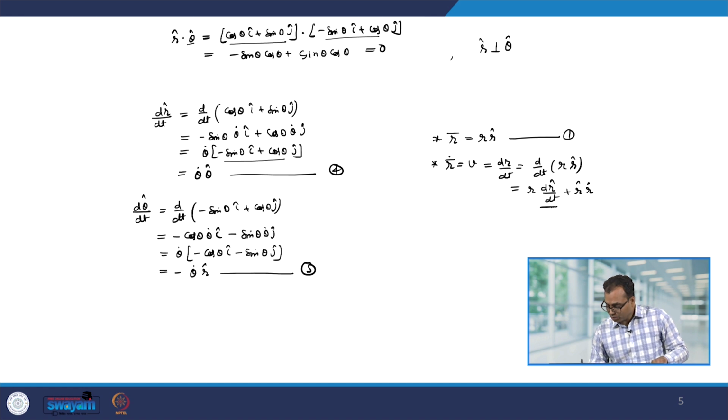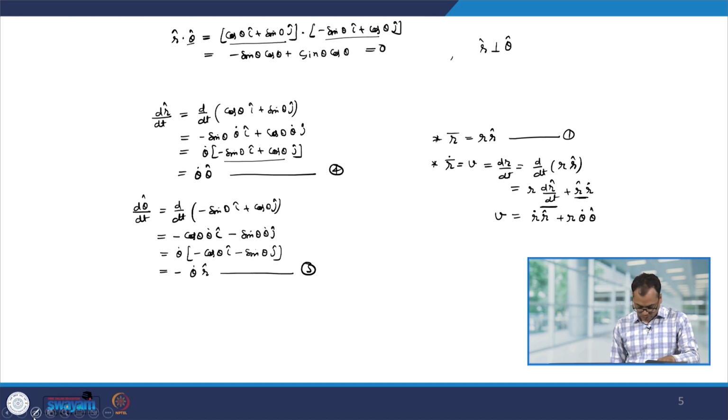Now we already know the expression of dr cap over dt, this is something that we have calculated in equation number 4. Therefore it will be r dot r cap plus r times dr cap over dt, which is theta dot theta cap. This is the expression for the velocity in this coordinate.